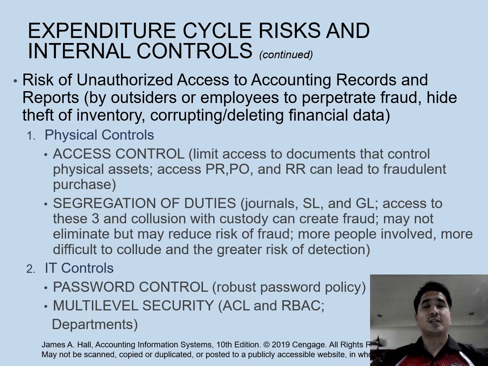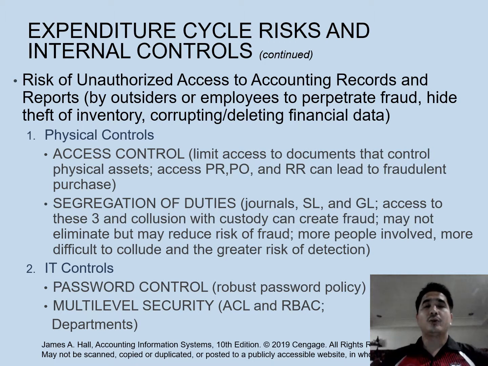As for the last risk, last but not the least, the risk of unauthorized access to accounting records and reports. Earlier, it was the risk of incorrect inputs to the accounting records and reports. So our concern is that persons who access the accounting records should be limited, not only from outsiders, but also from employees who try to perpetrate fraud.